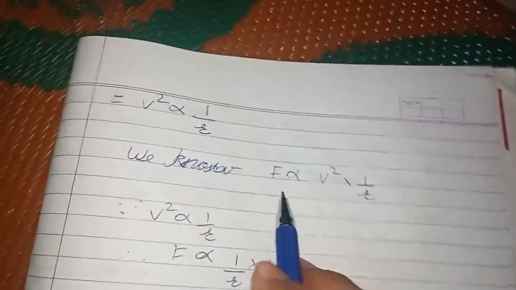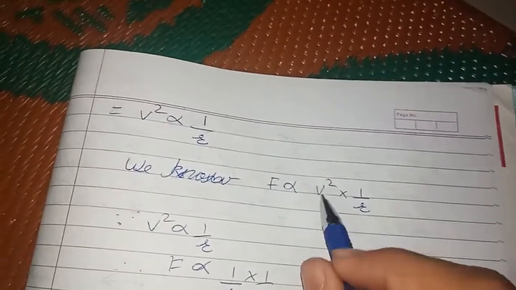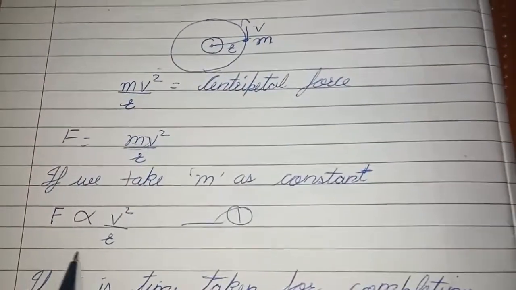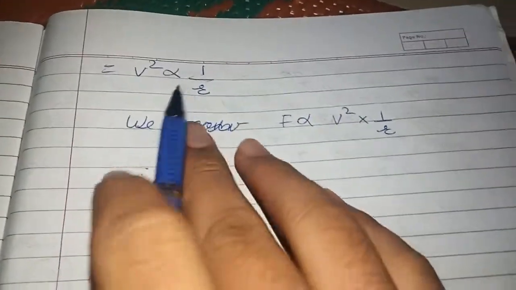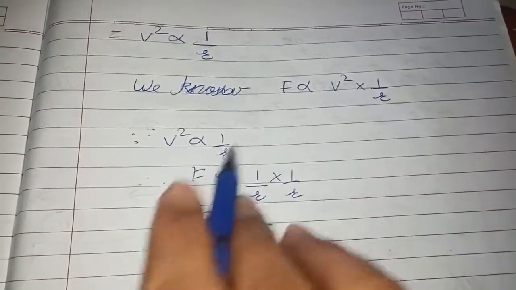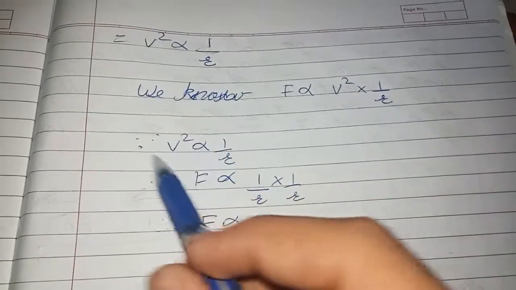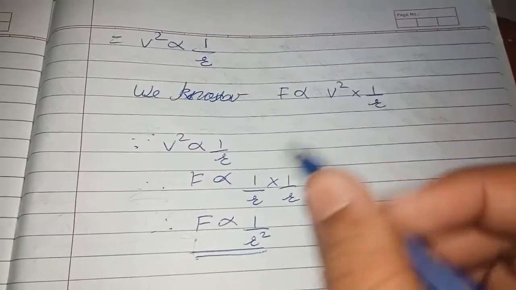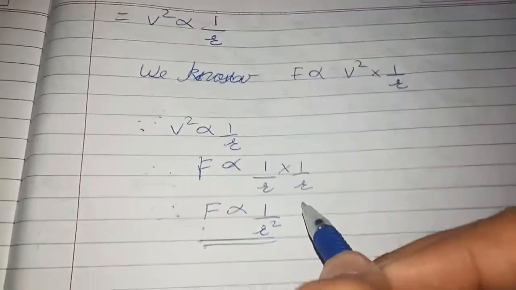But we know from our equation 1 that F is directly proportional to v square by r. Here, see, we have F is directly proportional to v square by r. So if we put in our first equation that v square is directly proportional to 1 by r, then we will get F is directly proportional to 1 by r into 1 by r.